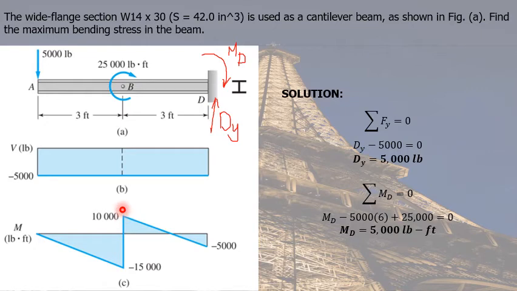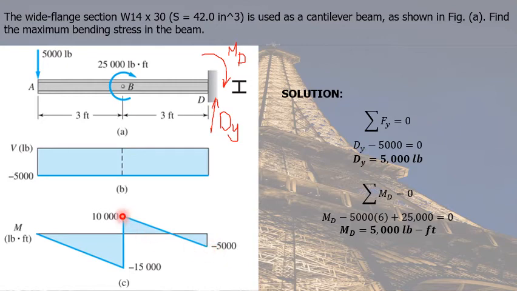After which we add the area of this rectangle, which has a base of 3 and a height of negative 5,000. So we add 10,000 plus 3 times negative 5,000. So that is equal to negative 5,000. So from positive 10,000, we go down to negative 5,000. Again, since this is a horizontal line in shear, this becomes a linear graph in moment.